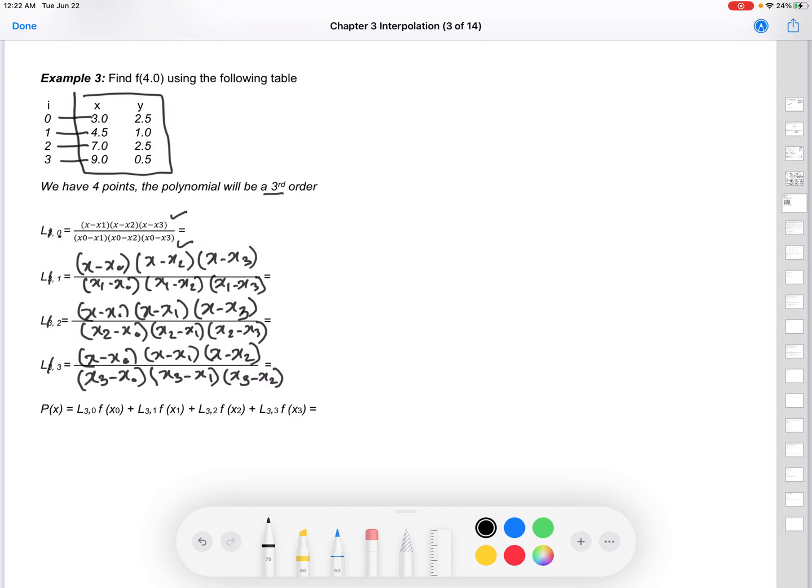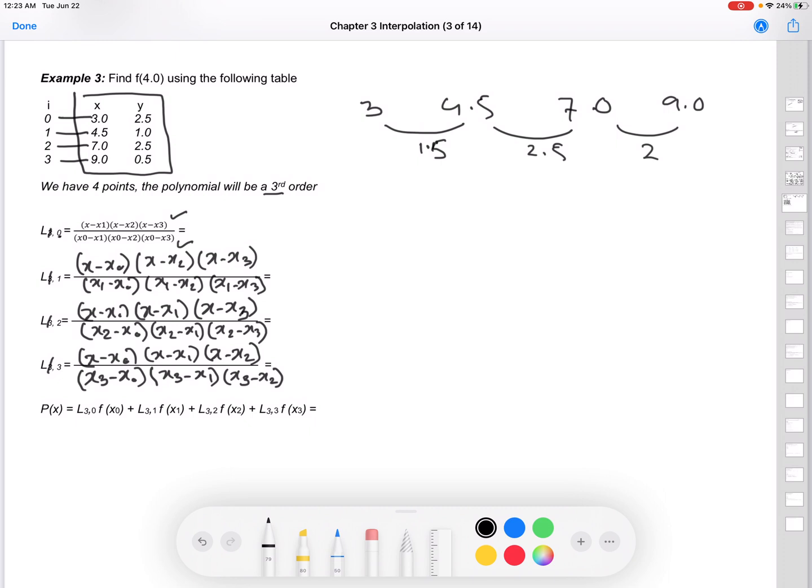So what is happening right now? x is any value from, so this one is working from 3, then 4.5, then 7, then 9, and you can see they are not at equal distance. 3 to 4.5 distance is 1.5, 4.5 to 7 is 2.5, and then 7 to 9 distance is 2.